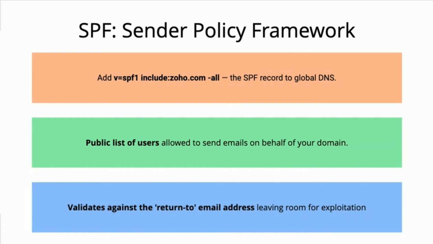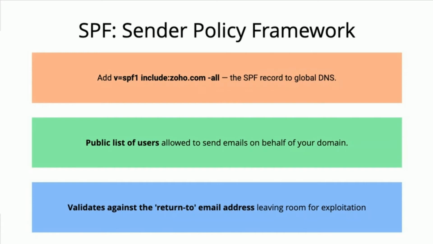So let's take a live example. The SPF record that we added for Zoho Mail is v=spf1 include. You can see that in the slideshow. Now, whenever an email is sent from your domain's address, the receiving server will check if the email came from the server zoho.com or not.